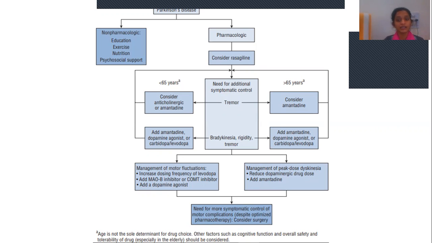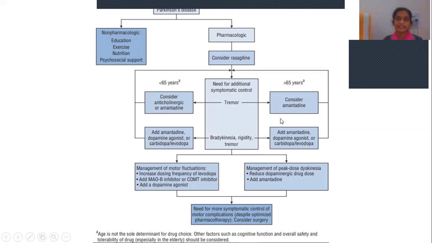If the age is greater than 65 years, we cannot go for an anticholinergic; we just add amantadine. And if there is bradykinesia, rigidity and tremors even after using this medication, then we have to add amantadine, a dopamine agonist, or carbidopa or levodopa. This should be added if the age is less than 65 years.